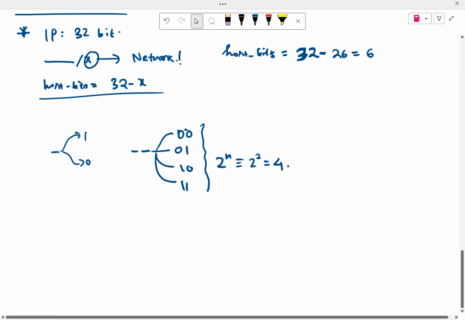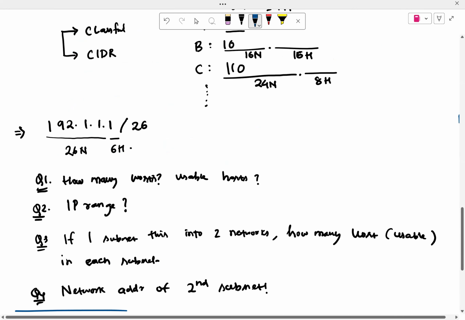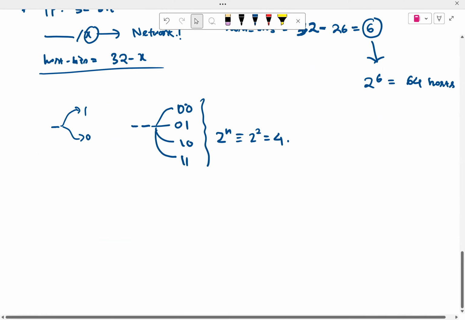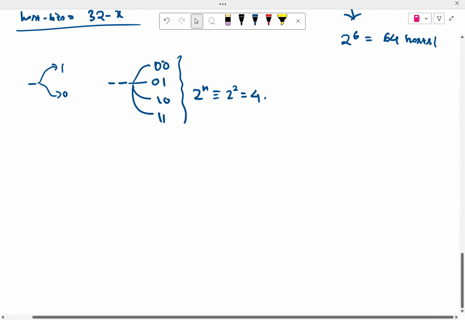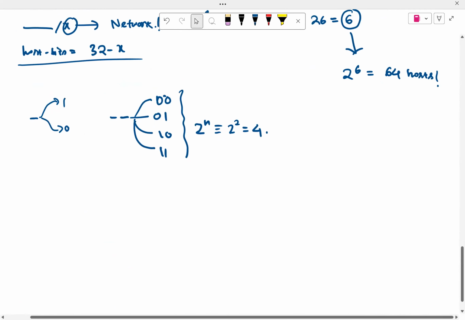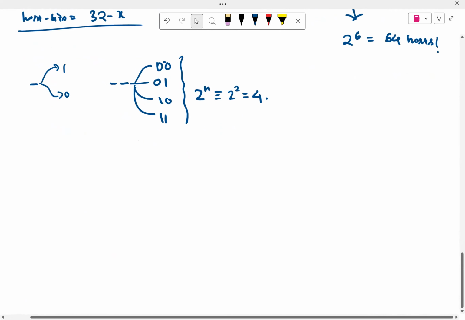So if I have 6 bits for host, I'll be able to create 2 to the power 6 hosts, that is equal to 64 hosts. Okay, so that is the answer to the first question.